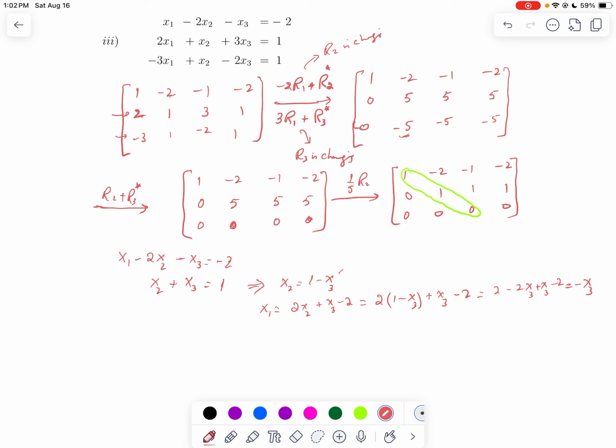So we have x3 is an independent variable or a free variable.